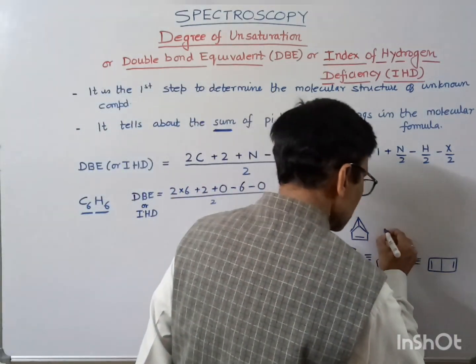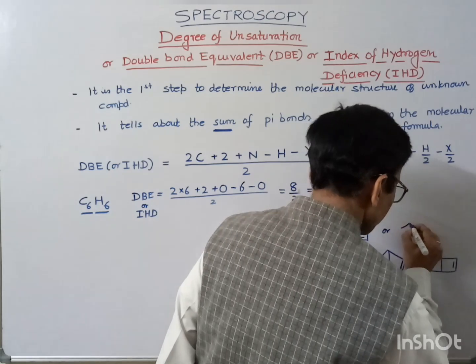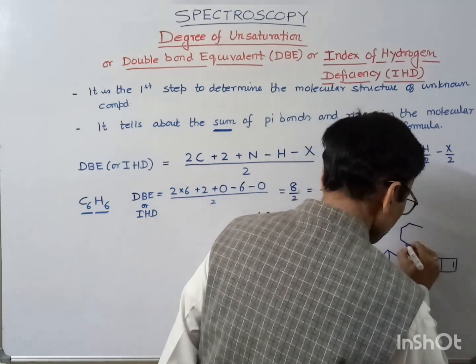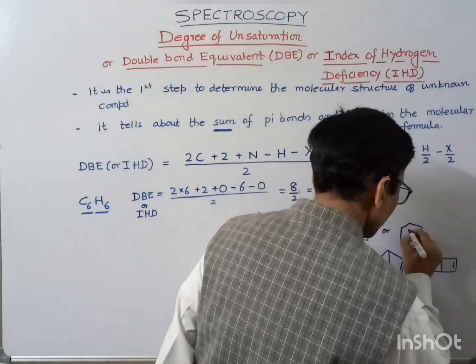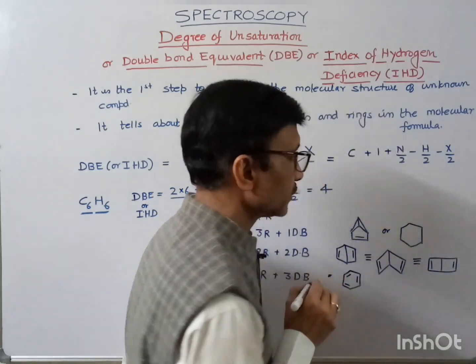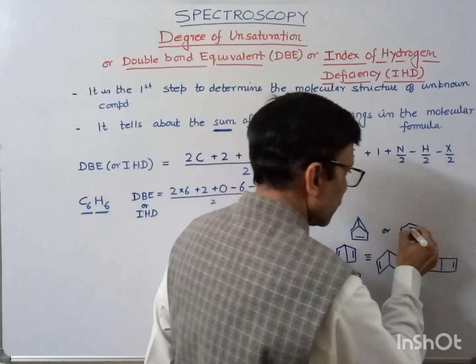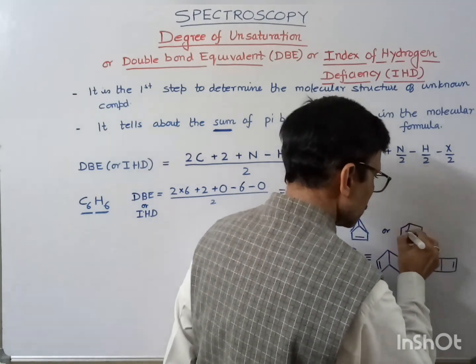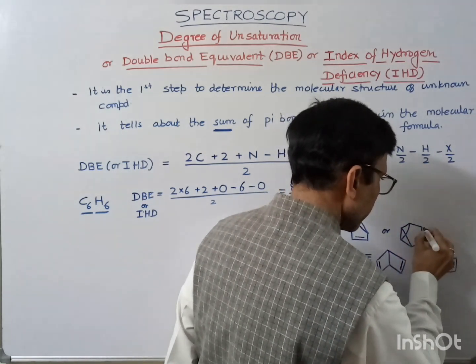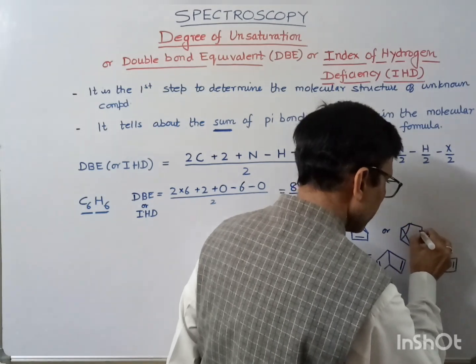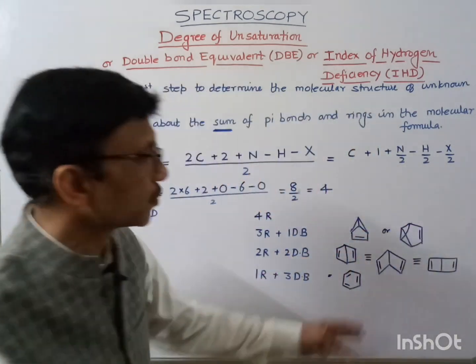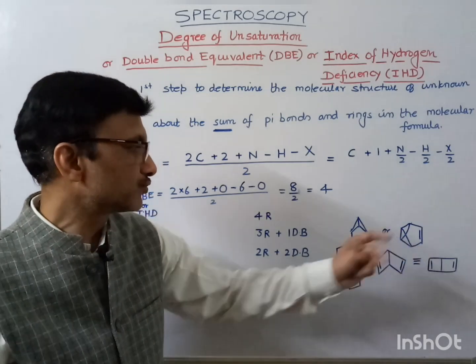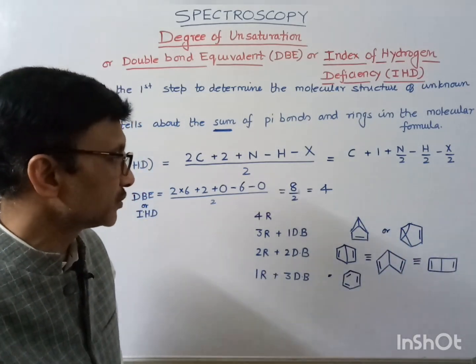Or we may also represent it in this way. This is 1 ring, now 2 rings, and this is your 3rd ring and 1 double bond. This is called benzvalene. This structure is the benzvalene structure.